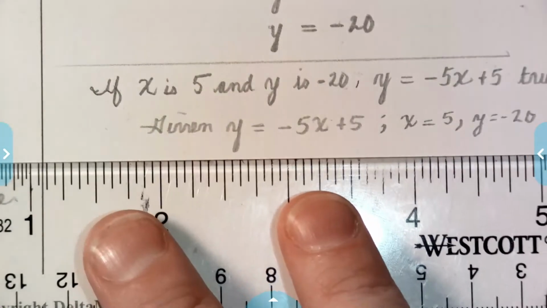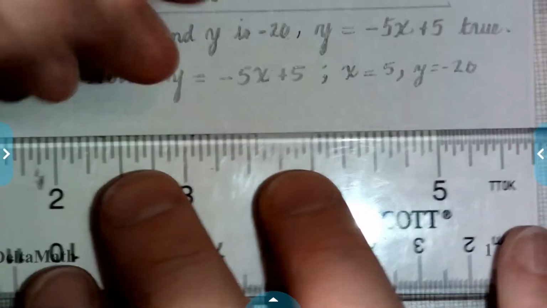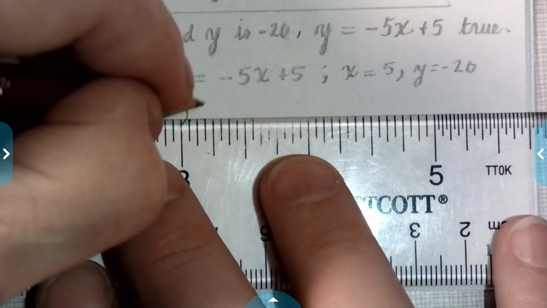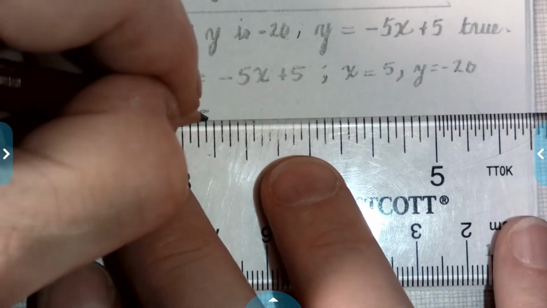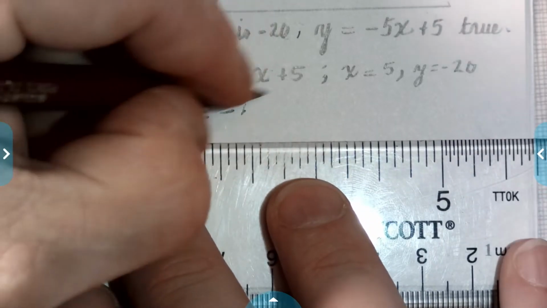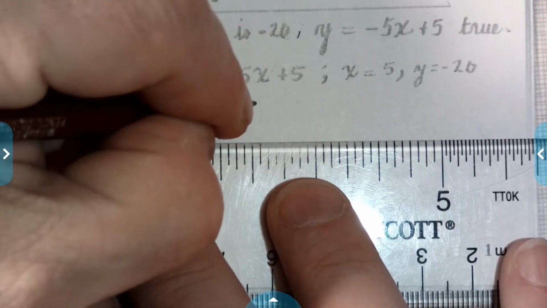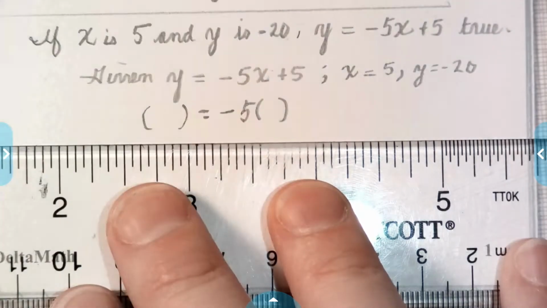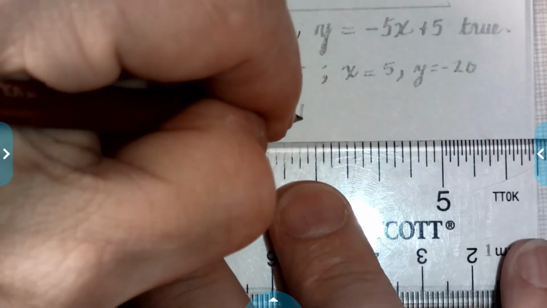Okay, so therefore, we'll put in here open parentheses, close parentheses for the y equals negative 5, open parentheses, close parentheses for that x value plus 5.